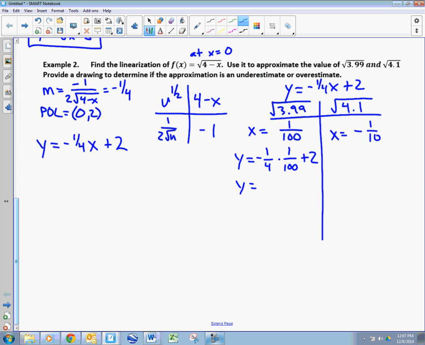What's negative 1/4 times 1/100? Negative 1 over 400 plus 2. I'll use common denominators. This would be 800 over 400, right? So 799 over 400.